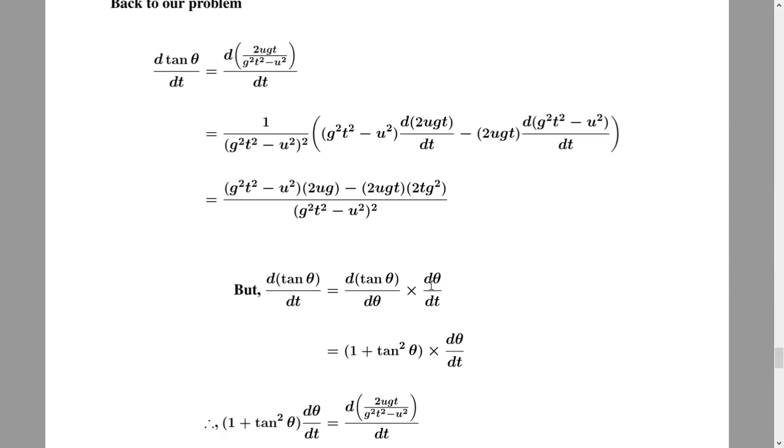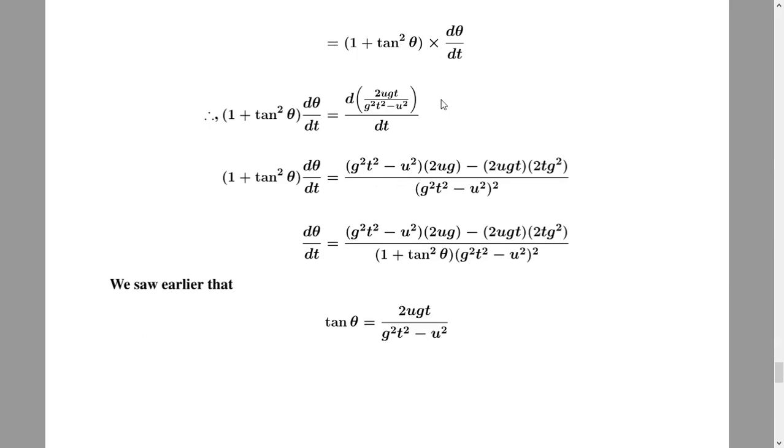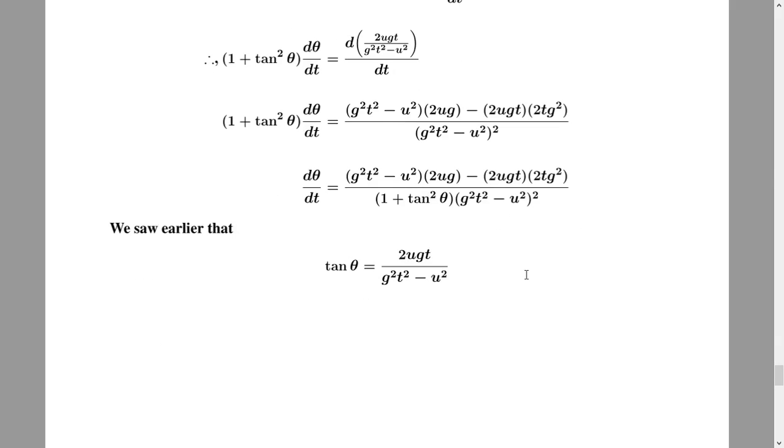So in this equation, we have found out d tan theta by d theta. We have also found out d tan theta by dt. And therefore, we can get an expression for d theta by dt. On doing the substitutions, this is what you get. Okay. So early on, we saw that tan theta is equal to 2ugt by g square t square minus u square.